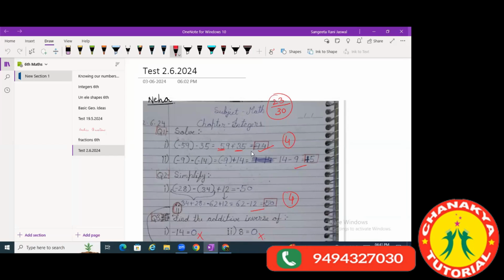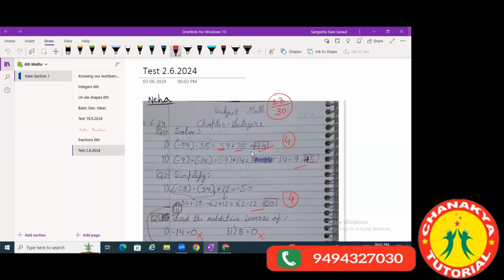But the only thing why I have underlined this is that you should not write like this, 59 plus 35. Although mentally we are adding them, while writing you should always keep the sign as it is. There is no way we can change the sign. It's -59 and -35 only.